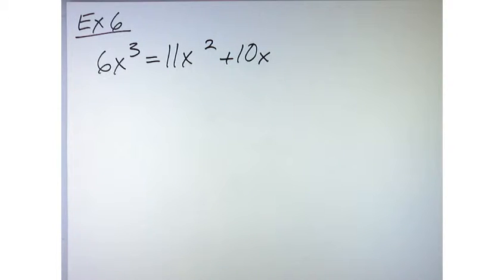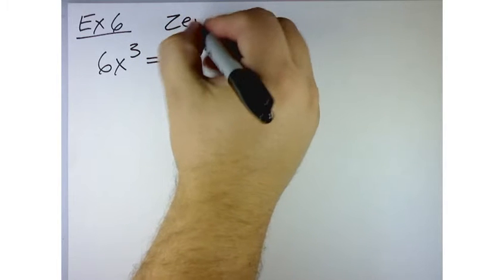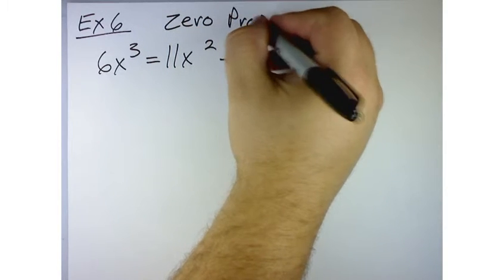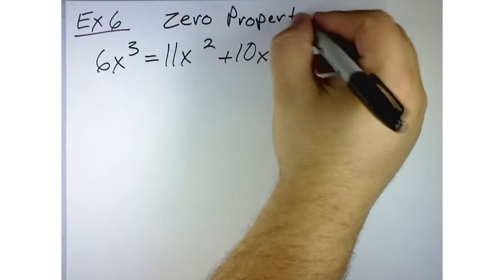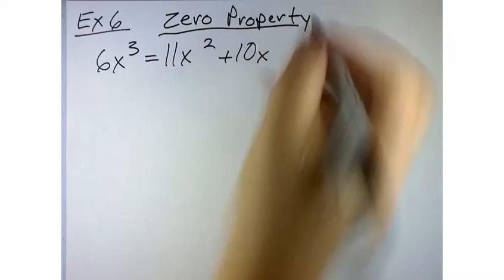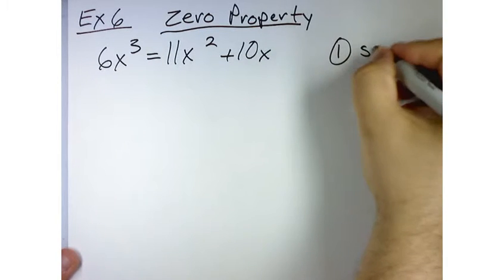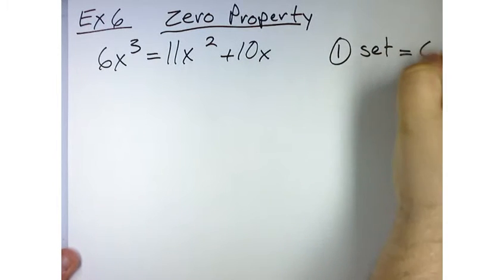Well, for polynomials, anything larger than x, well, this would work for any equation that has x in it, we could always use what we call the zero property. Now, the zero property is nice, and it works the same every time for solving equations. So to solve an equation using the zero property, the first thing you do is set equal to 0.